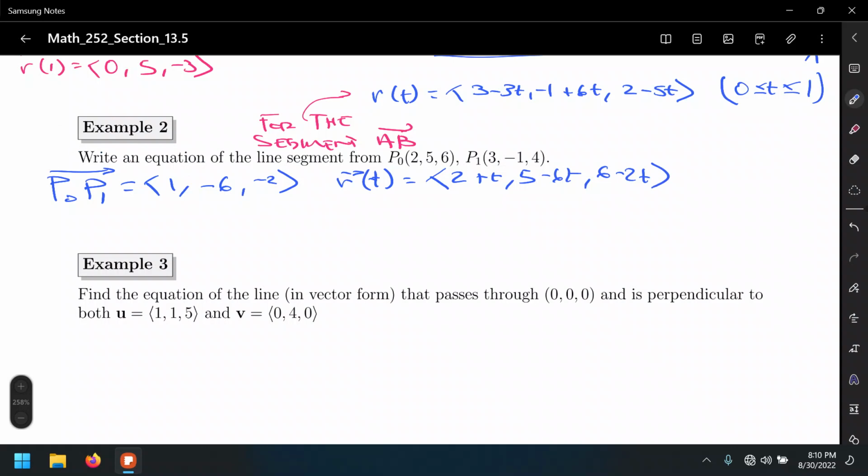Did you get that as an answer? Okay, another way to write this as well: 2 plus t in the i direction, plus 5 minus 6t in the j direction, plus 6 minus 2t in the k direction.